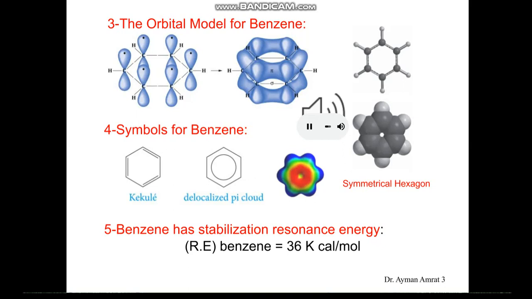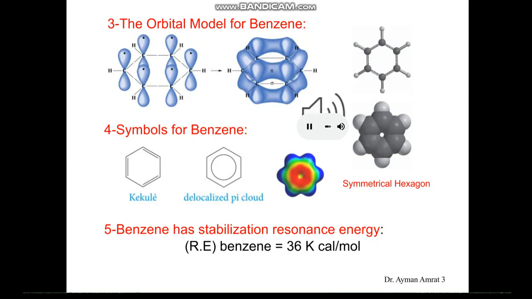The 3 double bonds can be delocalized around the 6 carbons of benzene. So the correct symbol for benzene is not Kekulé 1 or Kekulé 2 hybrid structures. The correct symbol is the delocalized pi cloud, drawn as a hexagon with a circle, as mentioned in fact 4.